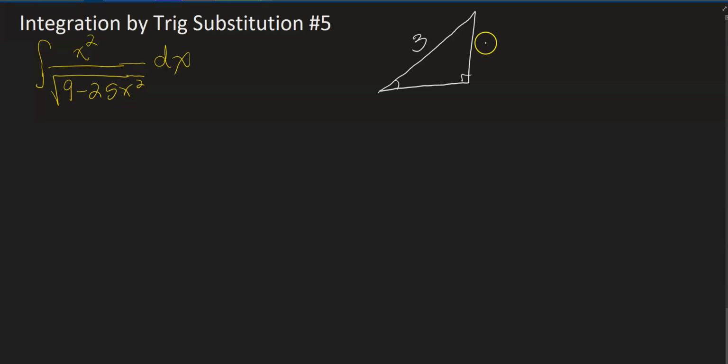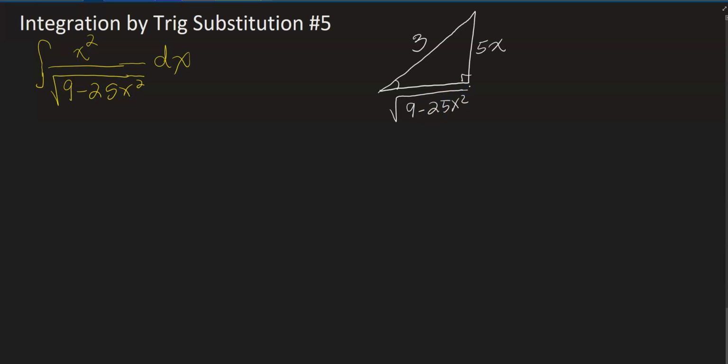And suppose this right here is 5x, and it must be 5x, so that 9 minus 25x squared, the square root of that, is the missing leg over here, square root of 9 minus 25x squared.